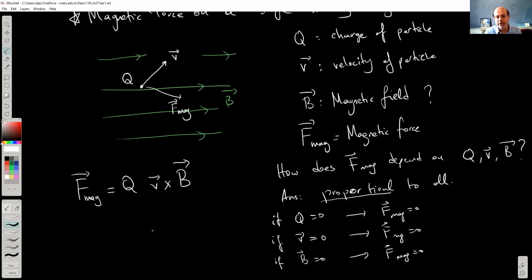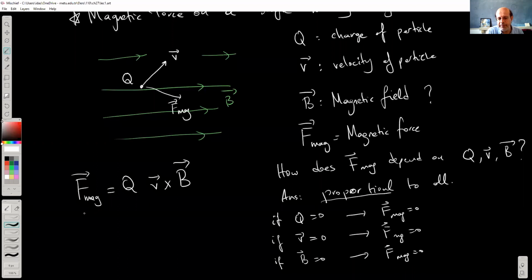Okay, so as a result, we basically write down the force like that, and then define the concept of magnetic field as a physical entity, by using this equation, right? So I know that on a moving charge, there will be a force applied.